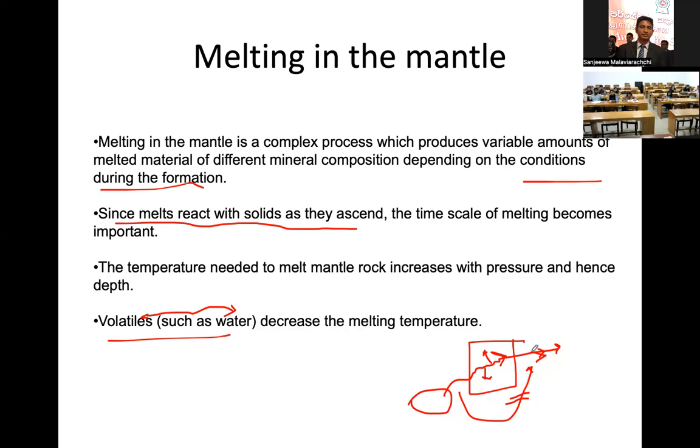So in the course of this melt ascending, the initial melt, maybe if a cooler environment is there in the upper levels, this part will also start to form a new melt. So the initial melt and the second melt will get mixed here and come up as an entirely different melt.